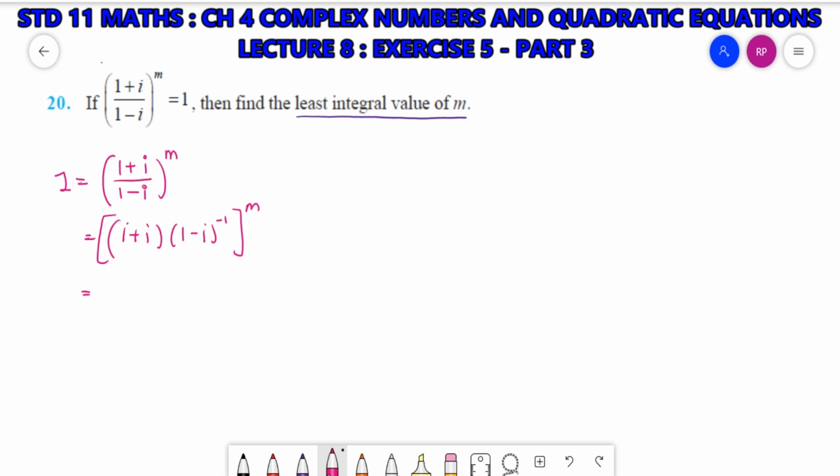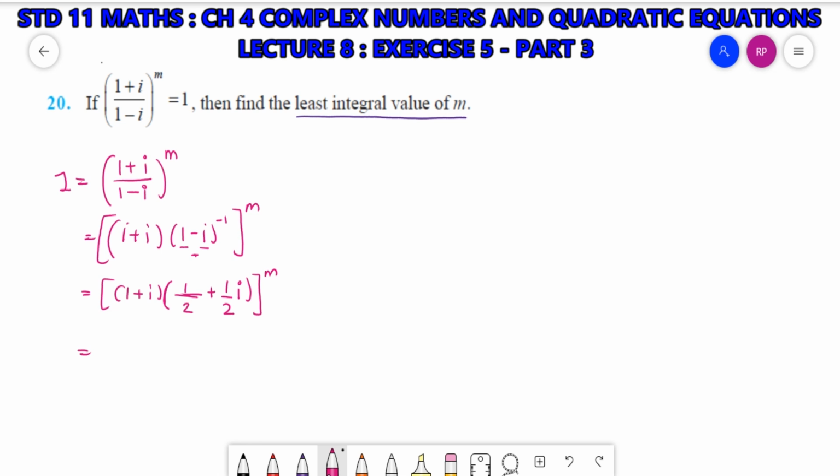So this will be equal to 1 plus i. Now for the inverse, the square root of 1 squared plus (minus 1) squared, because minus 1 squared will be plus 1, so 1 plus 1 is 2. I need to change this sign, so minus 2 plus 1 by 2, times i, whole raised to m.